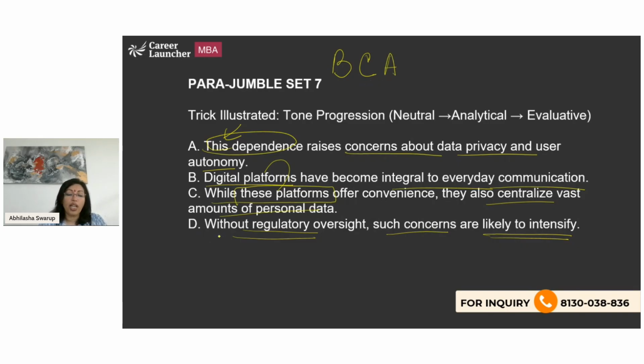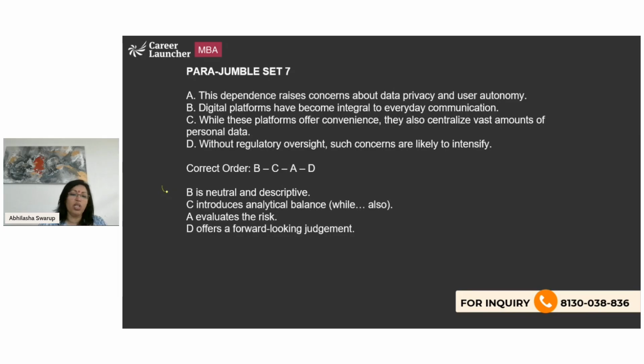Now, if there is no regulatory oversight, so this is your warning or your prediction, these concerns are likely to intensify. So I go from B to C to A to D, and that then becomes my answer set. So B is very neutral and descriptive. C introduces the analytical balance, A evaluates the risk, and D offers a forward-looking judgment sort of a thing. So your sequence becomes B, C, A, and D.